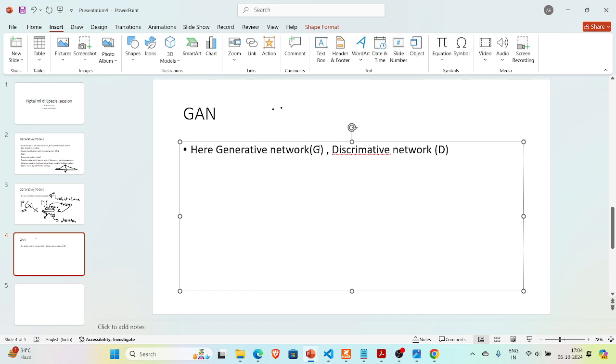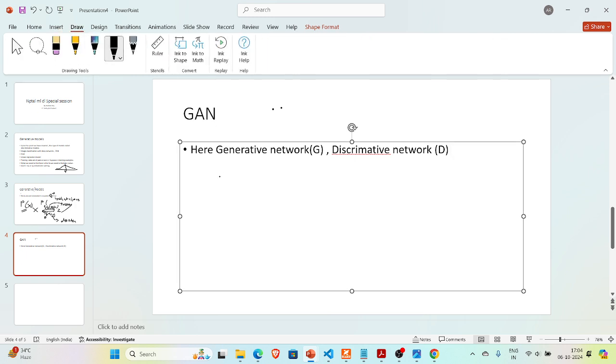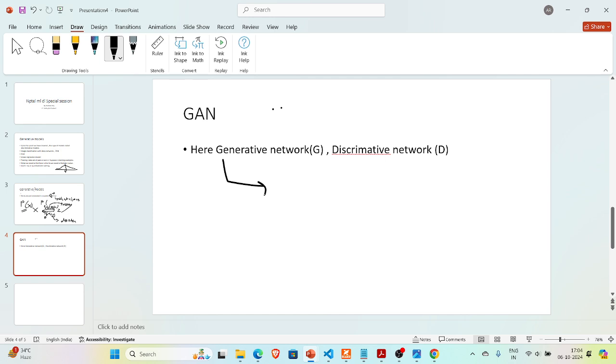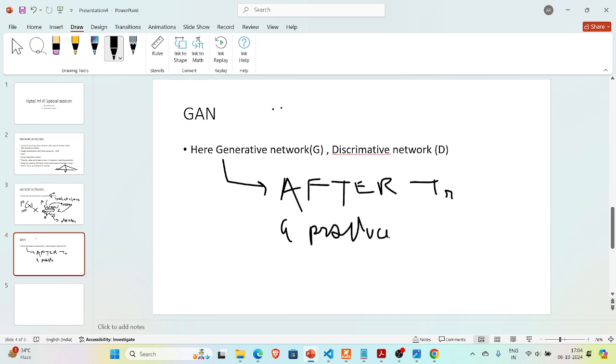So after training of the GAN, this generative network G produces our x values.